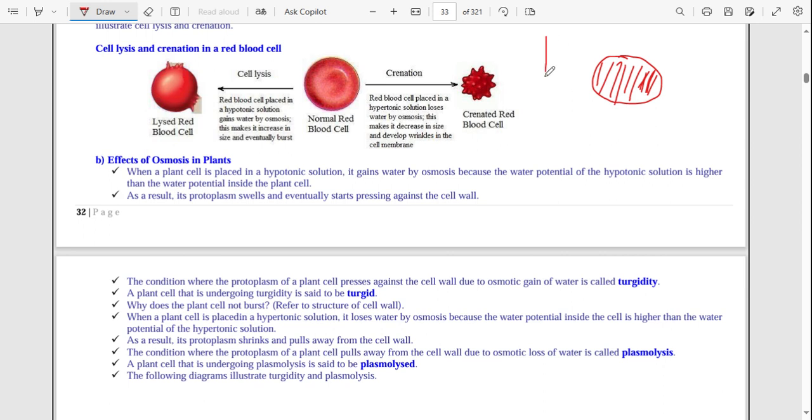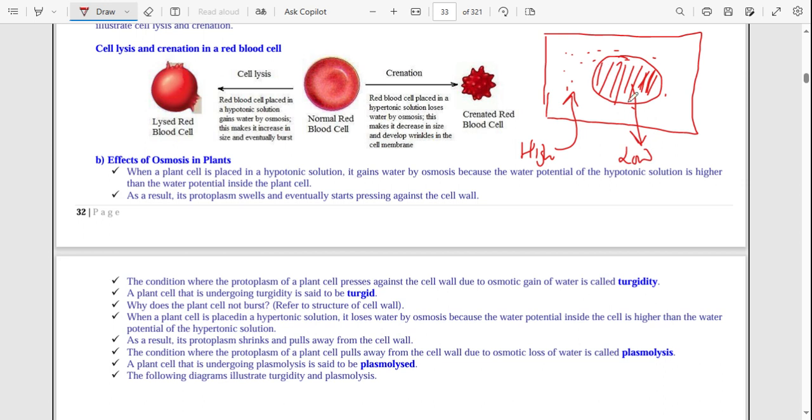And now let's say we put it in a bucket that contains water. So let's say this solution is highly concentrated, meaning that it has got a lot of particles. And then the cell, its concentration is low.